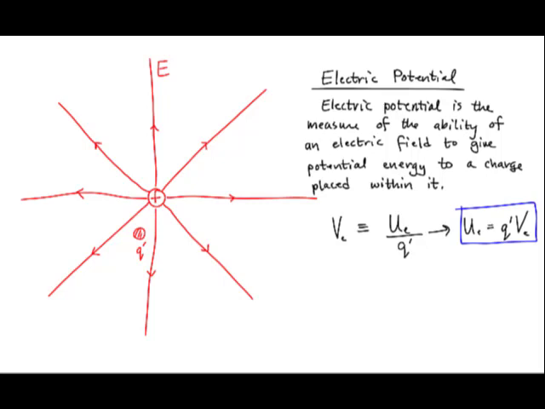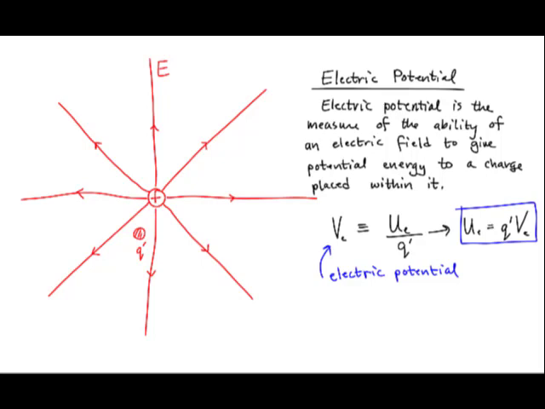Well, let's look at the electric potential for a point charge. Again, this expression V is defined as electric potential. So in having an electric potential in an electric field, we are able to give another charge potential energy.